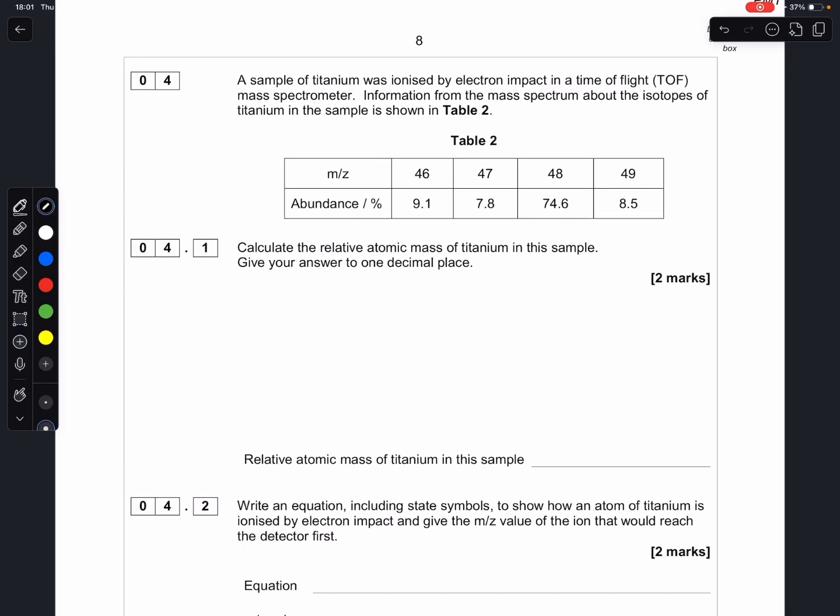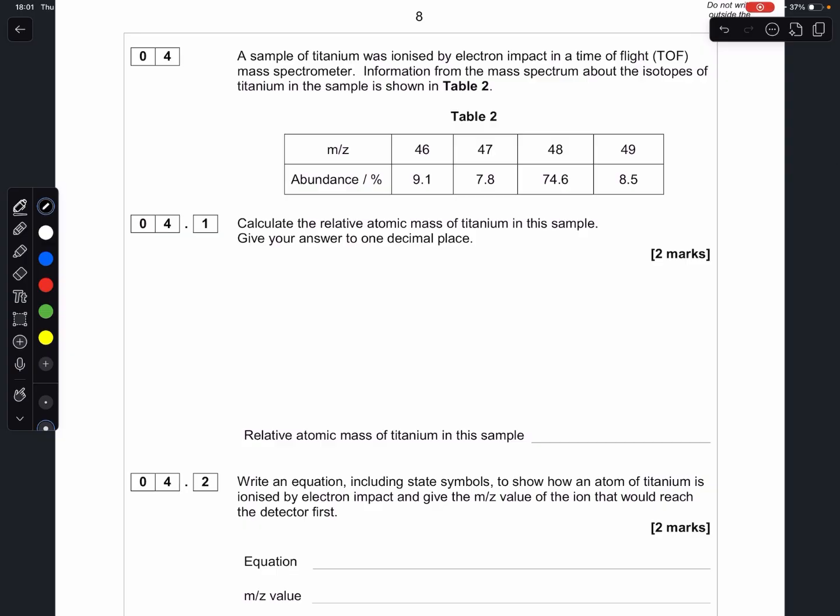So this is the equation that you need to memorize, and it's the m/z multiplied by the abundance divided by 100, because this is a percentage. If it was not the percentage, it was just the total, then you divide it by whatever the total is. But we're working with percentages here, so it's going to be divided by 100.